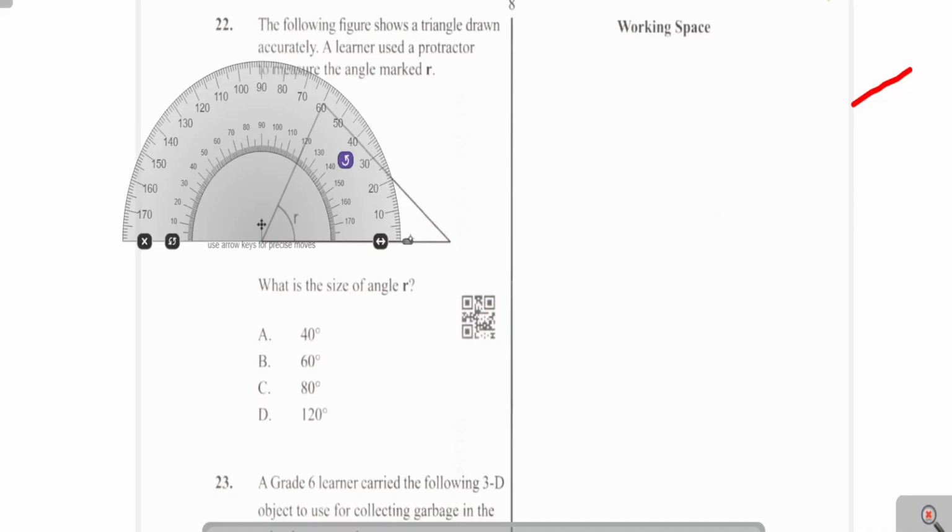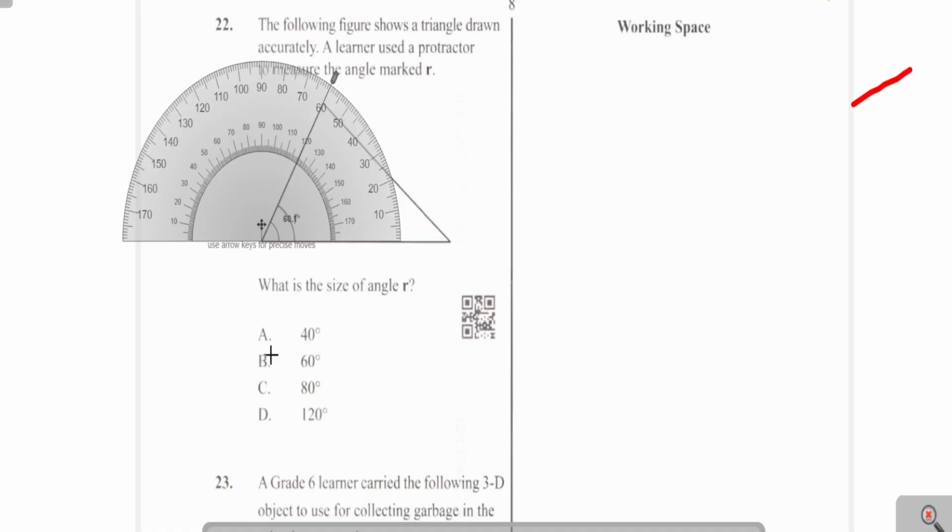Remember, the zero will start from here, then it goes till here, which is around, not 120. We're using the zero that's starting from the bigger side. So the bigger angle is 60 degrees. Therefore the answer is supposed to be 60 degrees.